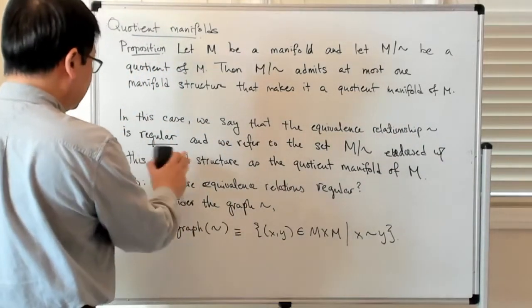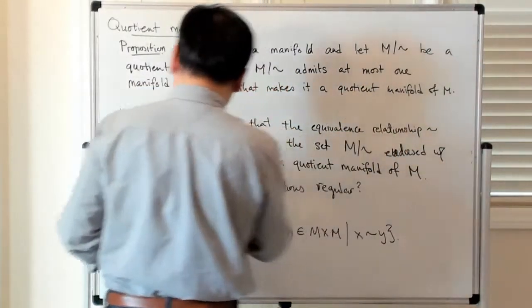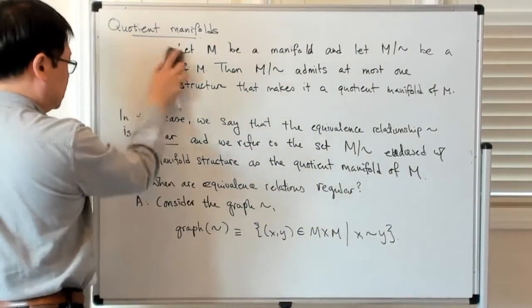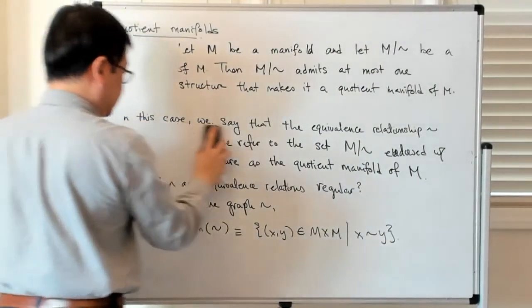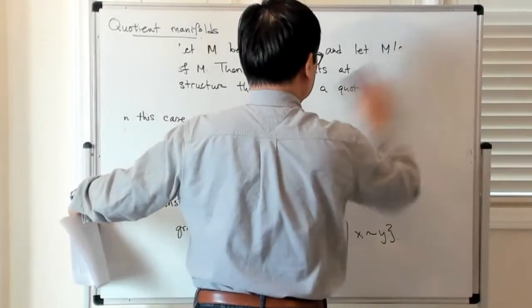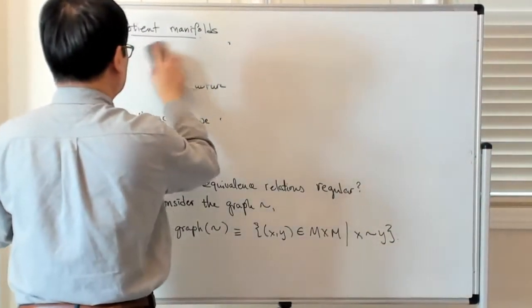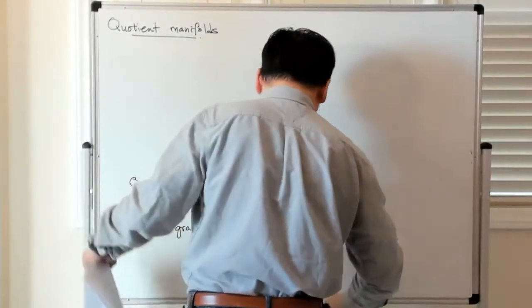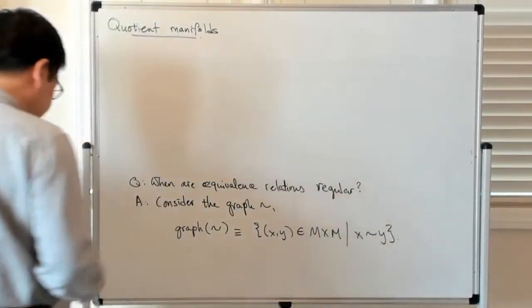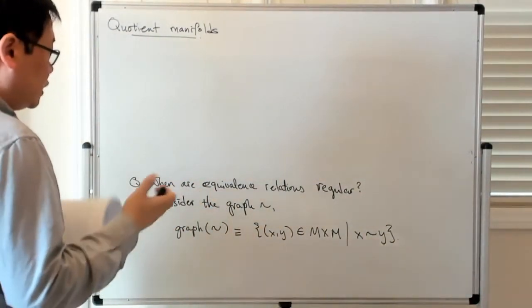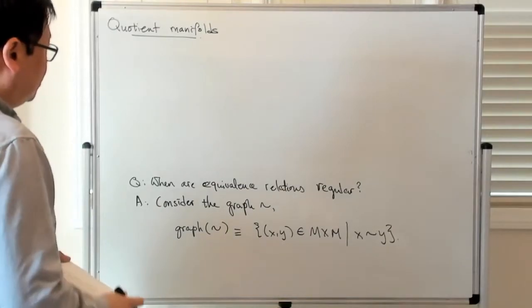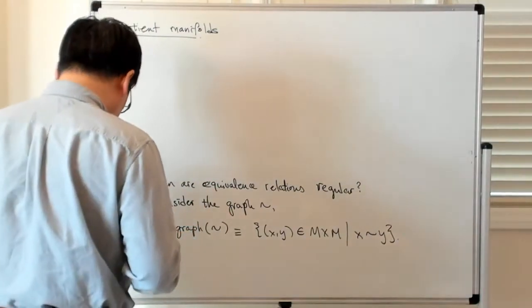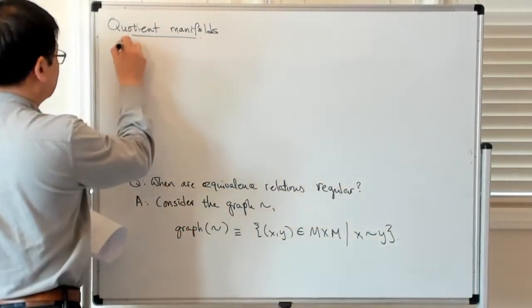The equivalence relation is regular if and only if the graph has the following set of properties. All right. So let's try to characterize when an equivalence relation is regular. When you have a regular equivalence relation, the canonical projection is a submersion, and there's a natural manifold structure on the quotient set.